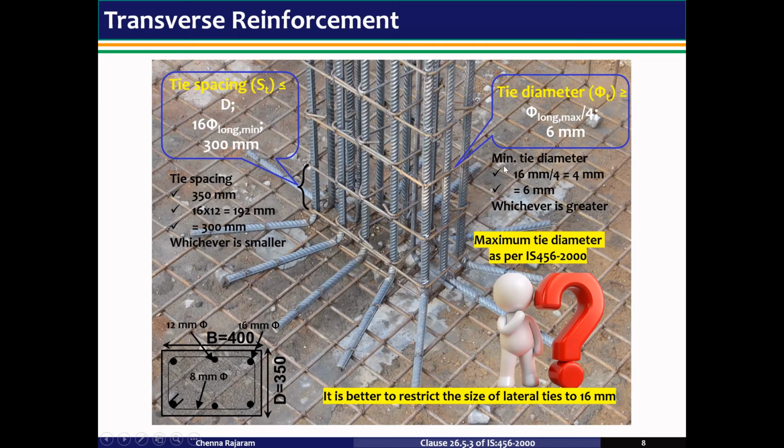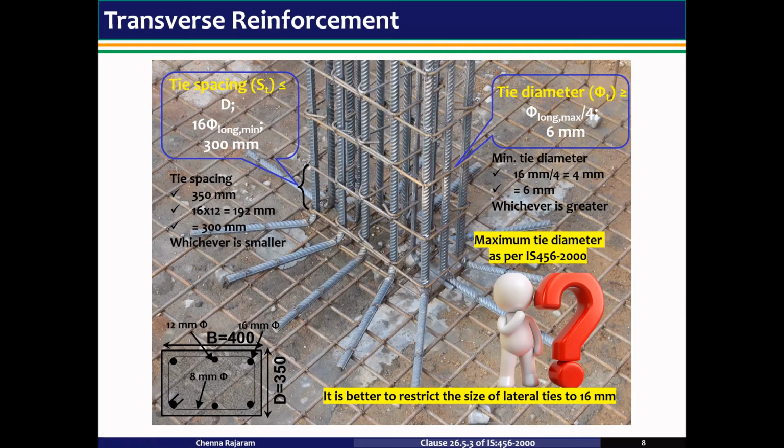Coming to the tie diameter, the minimum tie diameter is the maximum longitudinal reinforcement diameter, 16, divided by 4, which is equal to 4, and 6 mm. Whichever is greater, we consider that as the tie diameter. So it should be more than these two values.